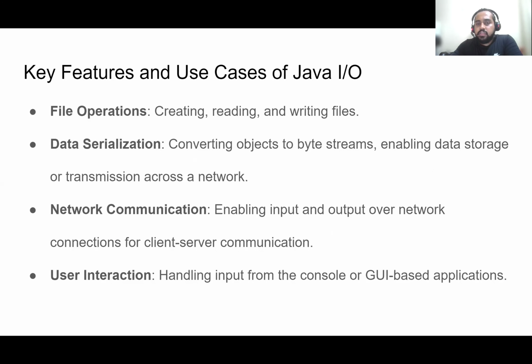So let's see some of the key features or use cases of Java IO. For file-related operations, yes, we can use Java IO for creating, reading, and writing files. Data serialization, I already told you: converting an object to byte streams and enabling data storage or transmission across a network. That's how you and I are connected now. I am creating this video and uploading it to YouTube.